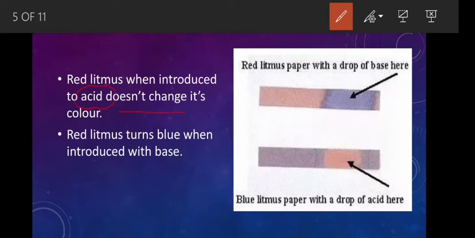There will be no change in color in acidic solution. Okay. But if we introduce red litmus paper to base, it will change into blue color. Which color, children? It will change into blue color.